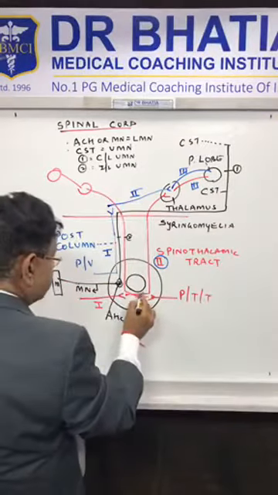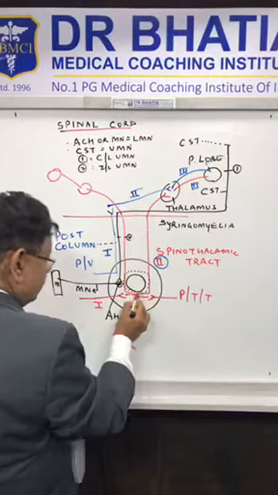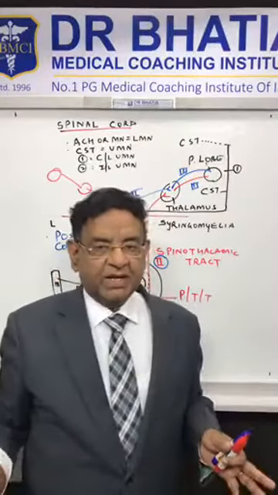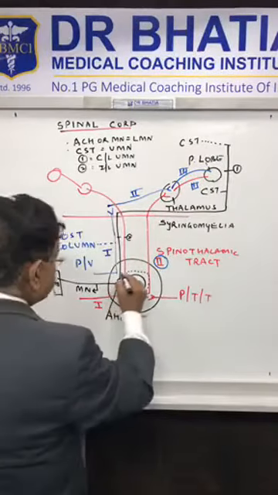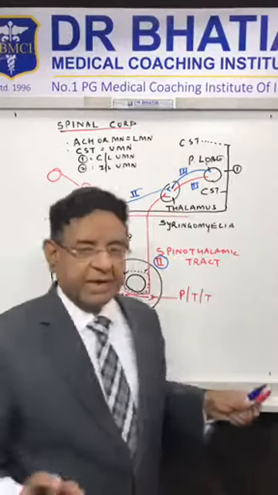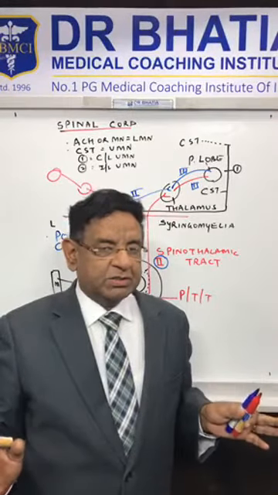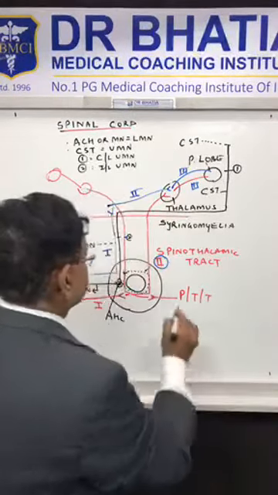This cavity, the central canal, enlarges. If the central canal enlarges, there will be bilateral involvement of the spinothalamic tract. That means there will be bilateral loss of pain, touch and temperature.